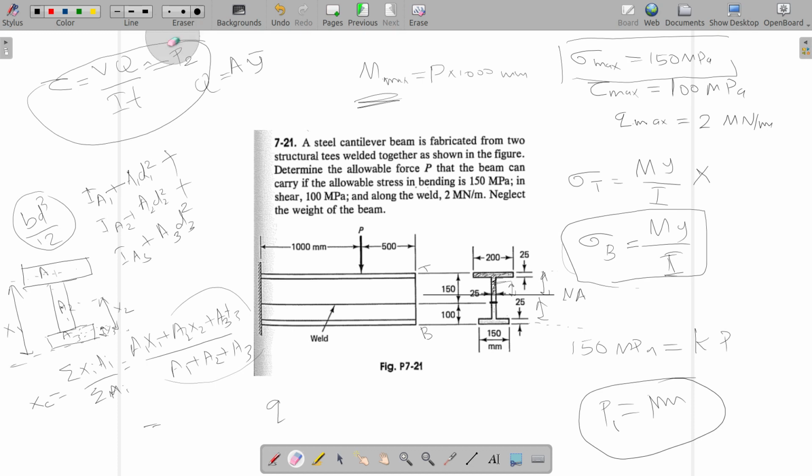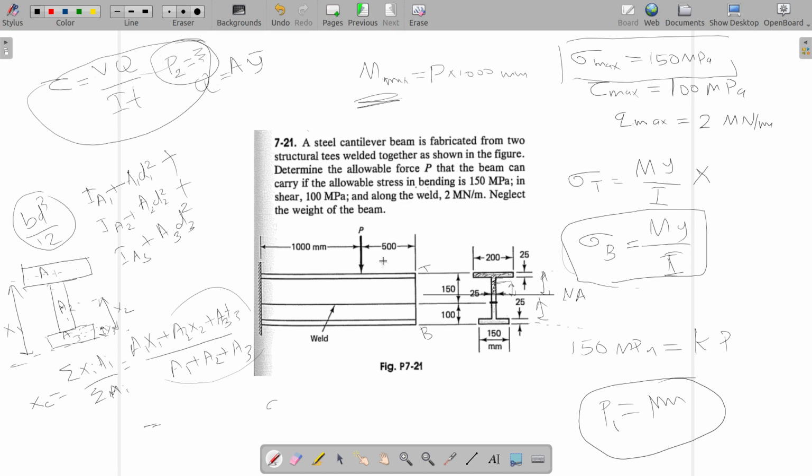It's not equal. This is not equal to P. V is equal to P. So here you will get a value of P, and that will be called P2. Okay. So V is equal to P. Tau is given here, 100 MPa. Other quantities are calculated, and you will get the value of P2.